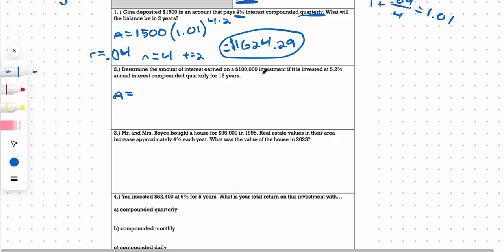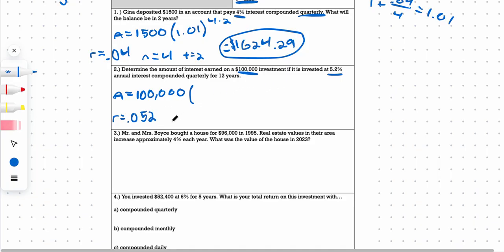A equals what's our initial value, what's our starting value? It's going to be 100,000. Now we have to find what's our R value. Well, our R is going to be equal to 5.2%. 5.2% as a decimal is going to be 0.052, right?